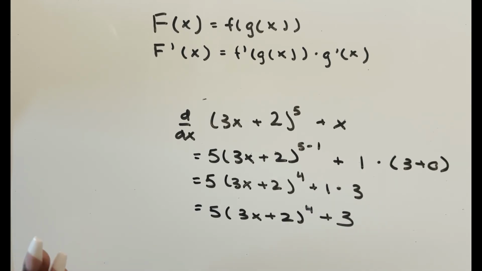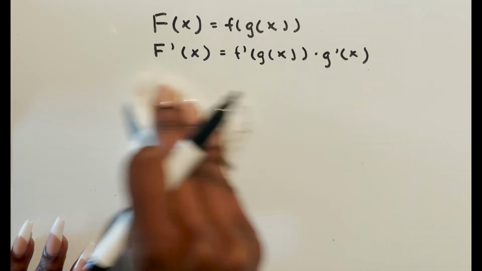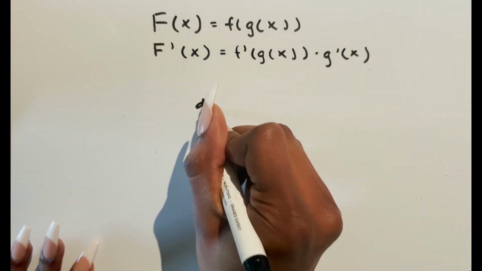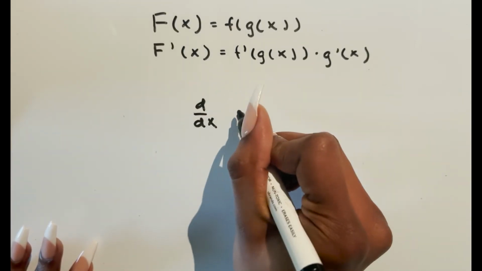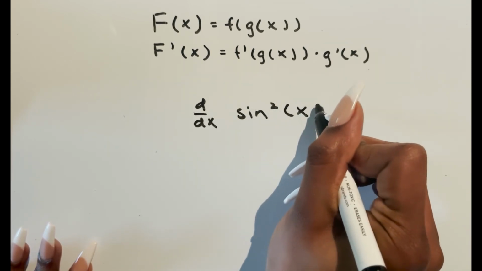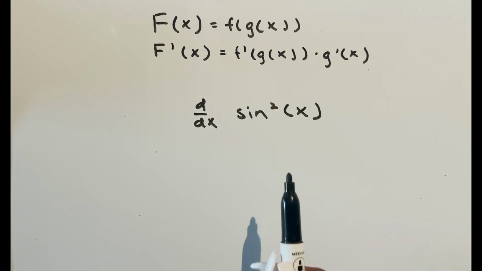Now let's take a look at one more example, and it'll be a trig example. So we'll find the derivative of sine squared of x. Now the chain rule can be applied to solve for trig functions such as this.